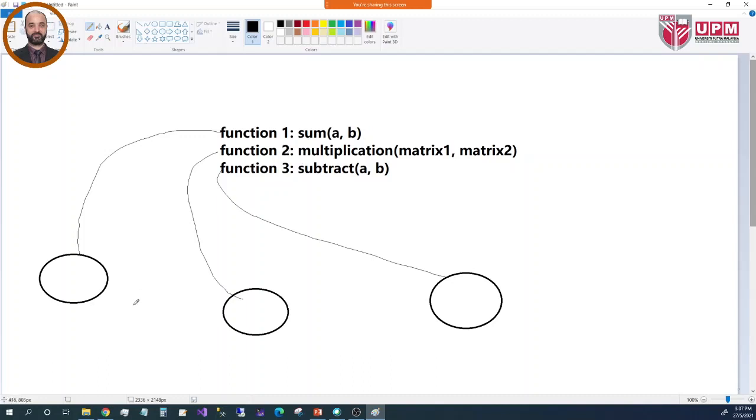No, right? Between function 1 and function 2 there is no relation. There is zero coupling, actually, between the two tasks. Is there any data needed to be passed from the first to the second and third? No, right? Also there is no coupling between 2 and 3.